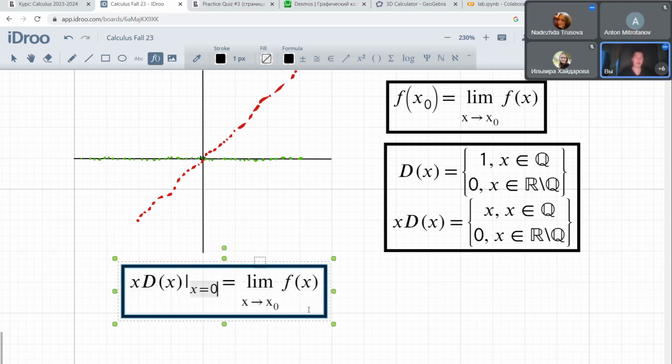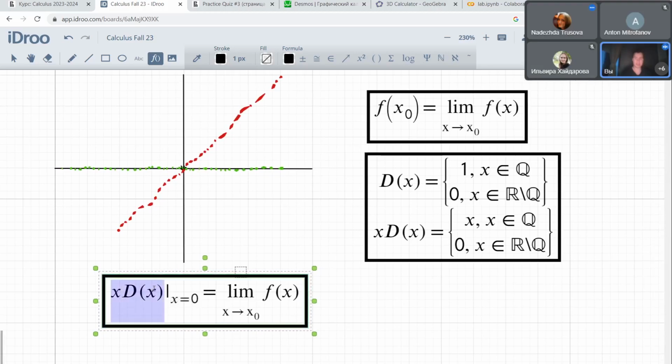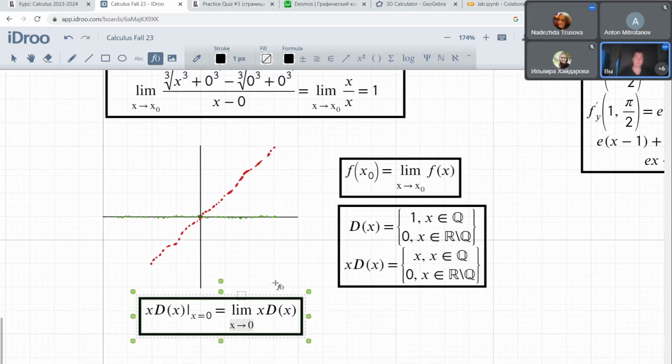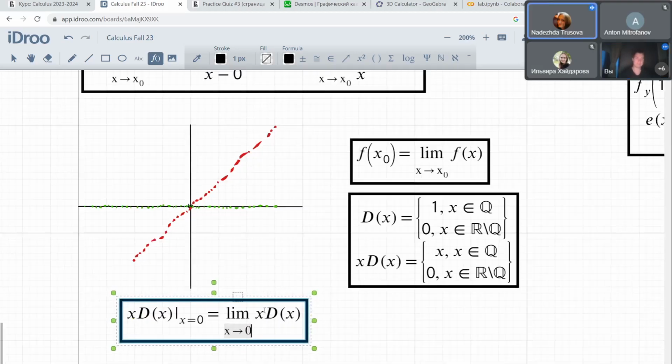x is 0. What can we say about this limit, x·D(x), if x tends to 0? It tends to 0 because 0 multiplied by 0 is 0. Yes, but we have two different variants. If we use irrational x, this multiplication will be 0.